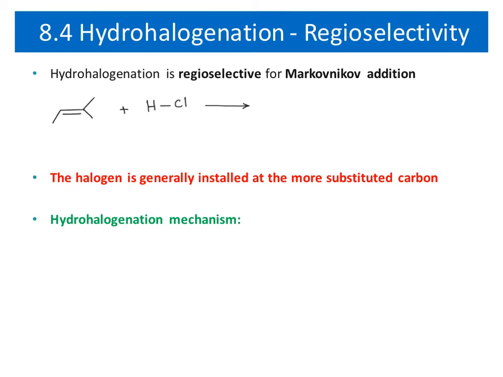If you look at this carbon, it has only one substituent. However, this carbon has two substituents. Therefore, hydrogen will be added to the less substituted carbon and halogen will be added to the more substituted carbon. Now let's look at the mechanism for hydrohalogenation. So let's look at this example once again.